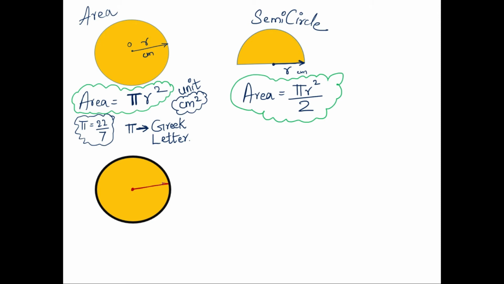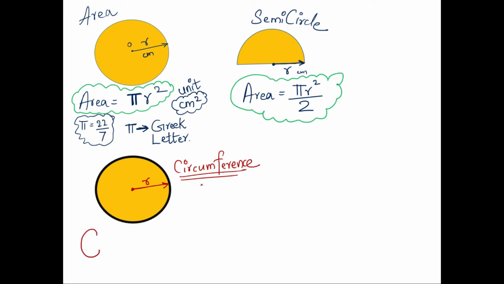Again, we have a circle with radius r centimeters. Now let's talk about the circumference. Circumference is nothing but the perimeter, or the outer border. You can see the thick black border that is surrounding the area of the circle. To find the circumference of the circle, we have the formula.